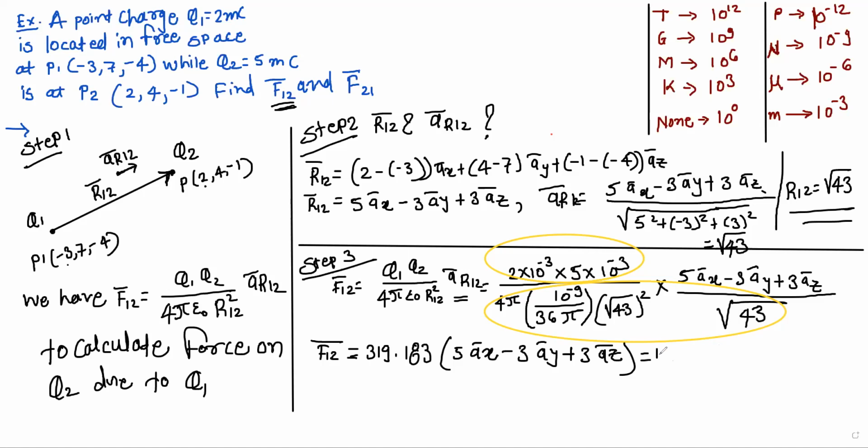So it would be 1.596 a bar x minus 0.957 a bar y plus 0.957 a bar z, and the unit of this is kilonewton.